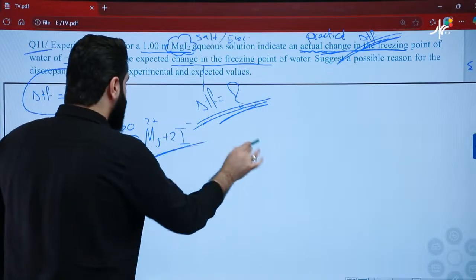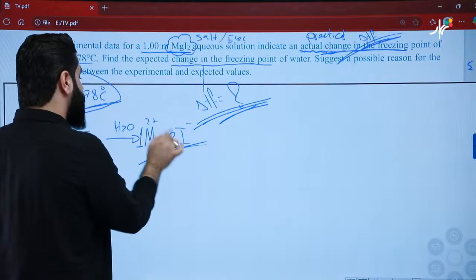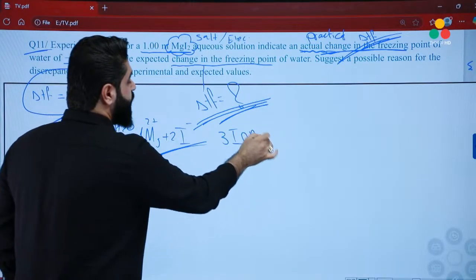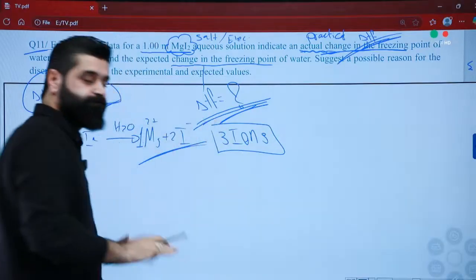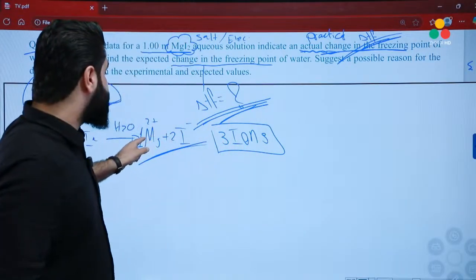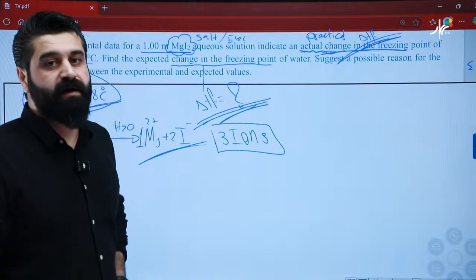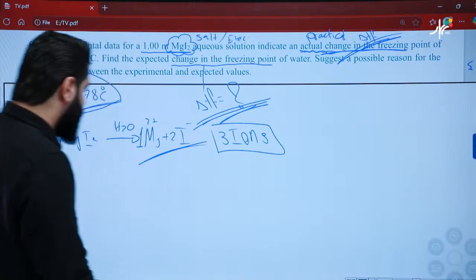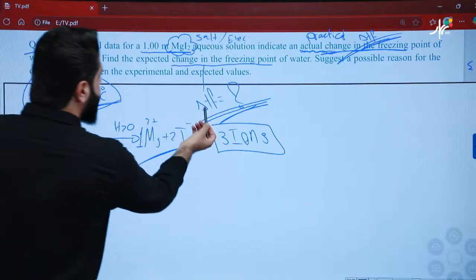So in total, we have 3 ions, 1 plus 2, 3. You will get 3 moles of ions: 1 magnesium ion and 2 iodide ions. Clear? Good.